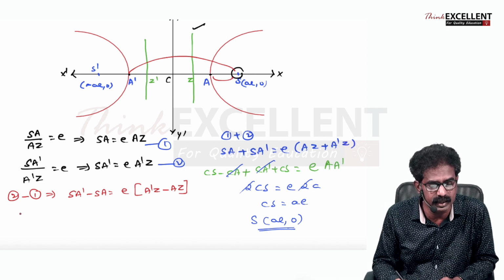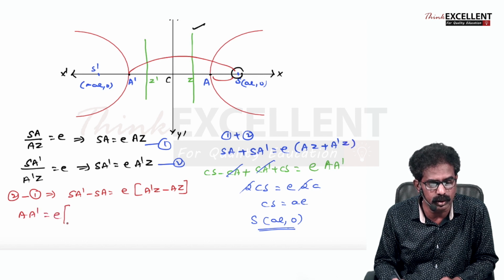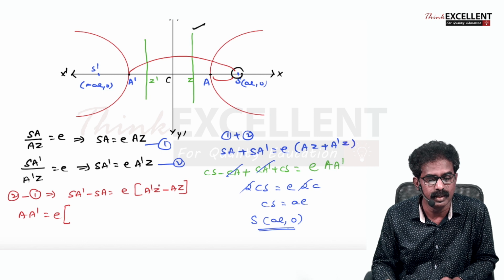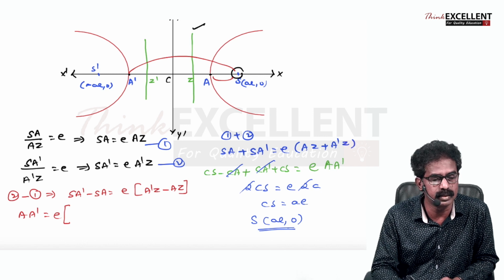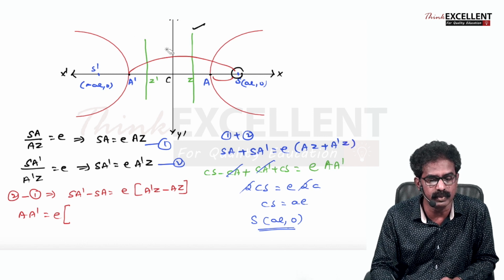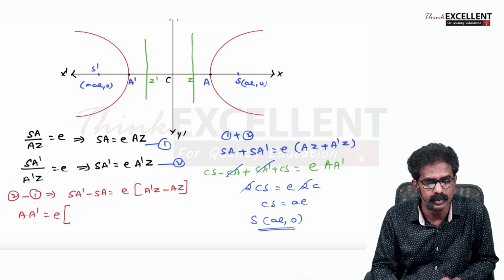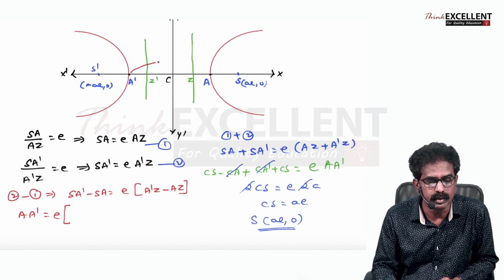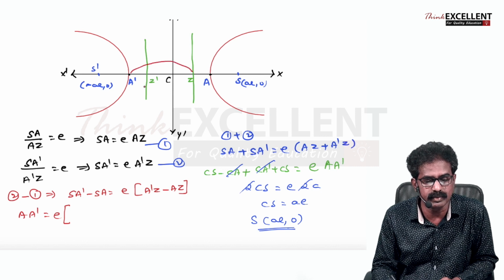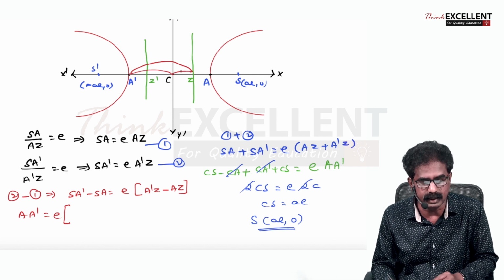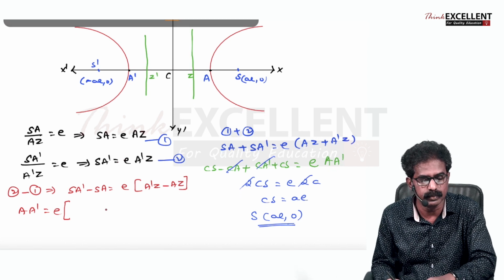So here the left side is A A dash, equal to E into, right side we don't know, so we write in terms of C. A dash Z, just see the diagram and try to find out which length is A dash Z. This length, right? Can you write in terms of C? CA dash plus CZ.